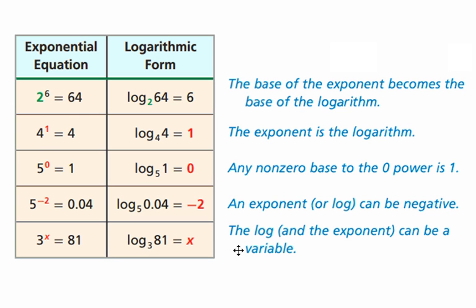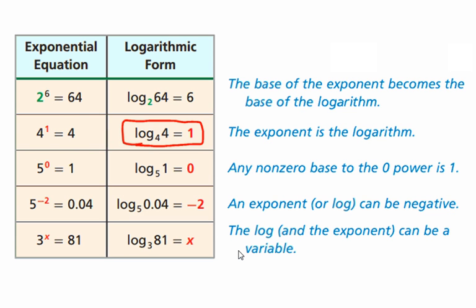And there are some more examples here. 4 to the 1st equals 4. In logarithmic form, you'd write that as the log base 4 of 4 equals 1. 5 to the 0 equals 1. We know that as well. To rewrite that in log form, log base 5 of 1 equals 0. And we have 5 to the negative 2, and so on and so forth.